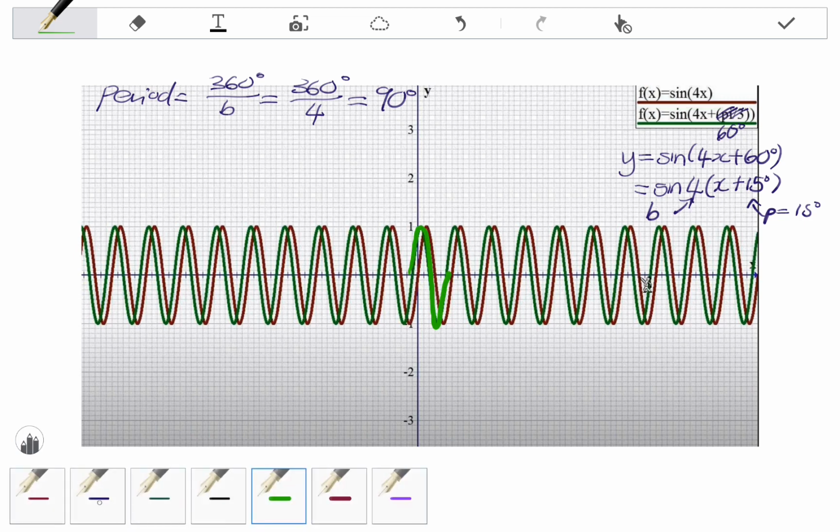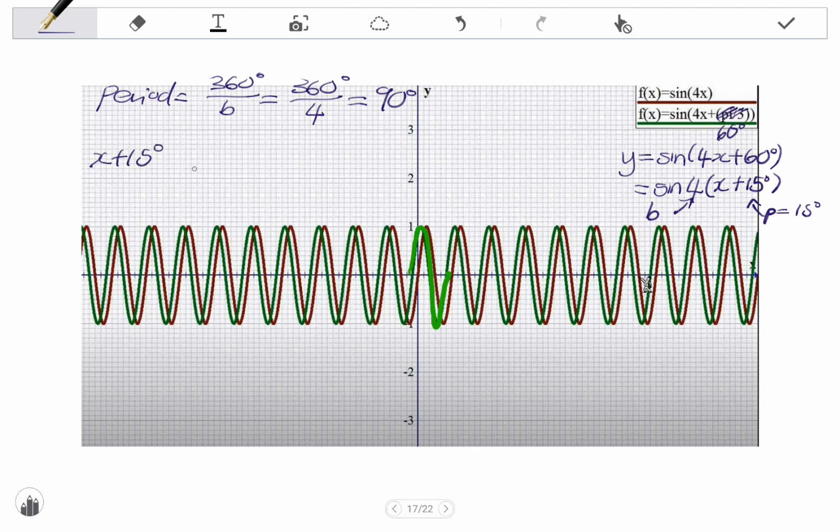And the p value of 15 tells us, from the x plus 15 degrees, that we have a shift to the left of 15 degrees. So from the red graph to the green graph, we shift by 15 degrees left.